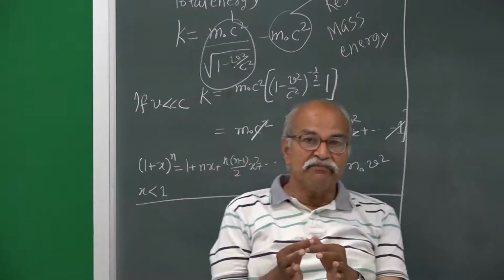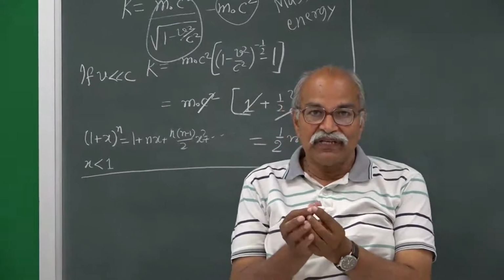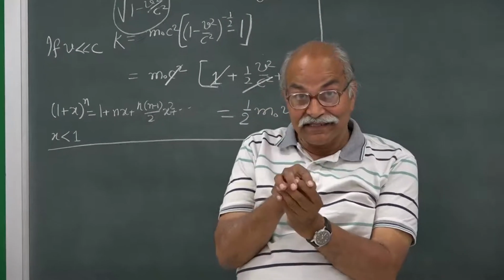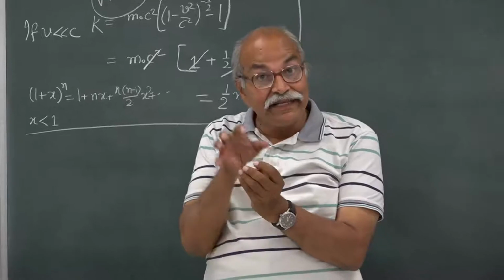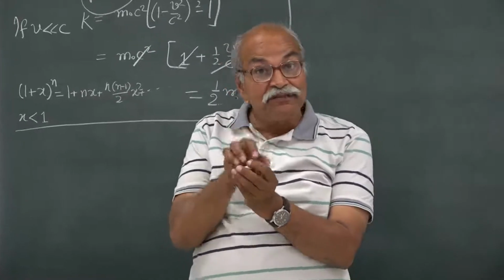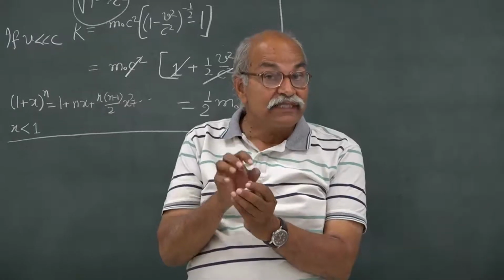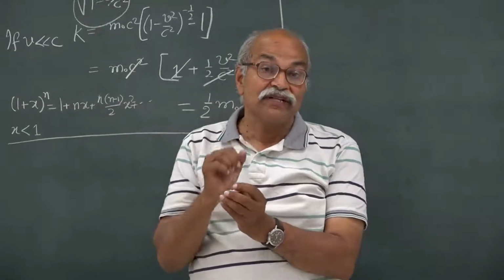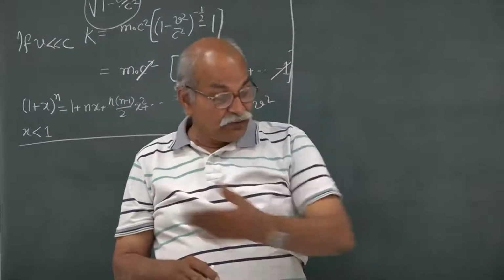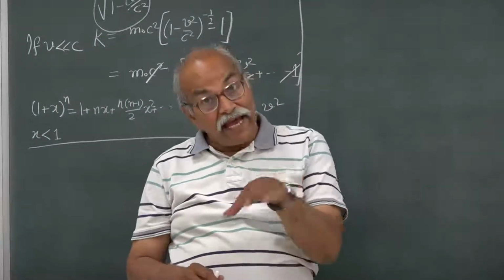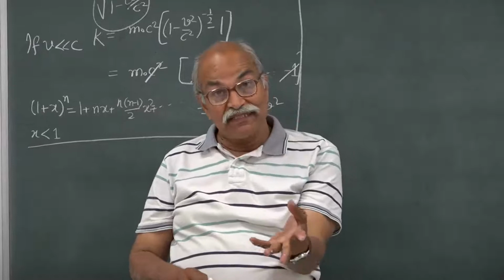If I have a particle which is not moving, we still say that it has energy, and that energy is its rest mass energy. Because of the mass there is an energy, and that energy is m naught, the rest mass, into c square, and when you give kinetic energy, that is added on top of this rest mass energy.